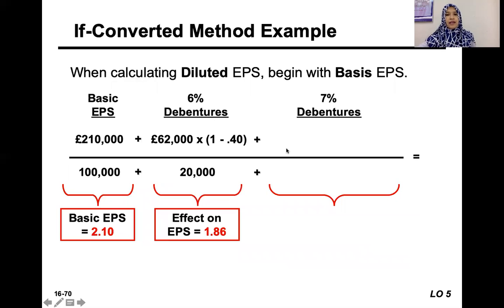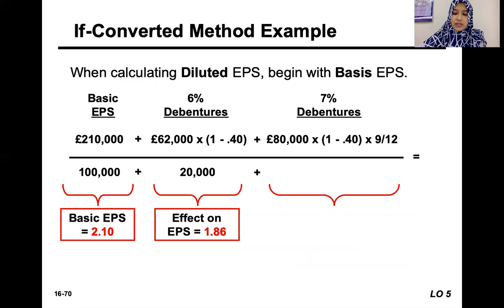And next, we again calculate the dilutive effect of the second bond that we have, which is the 7% debentures. We take again the interest on the second bond, which is 80,000, and we calculate the tax amount.